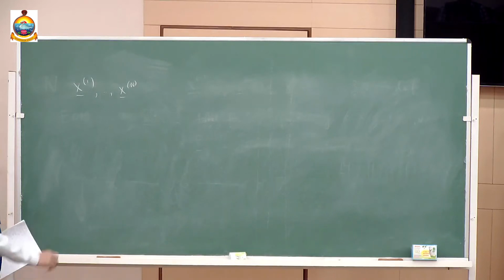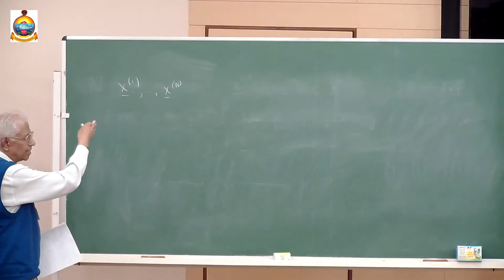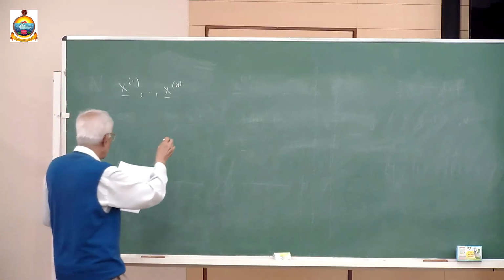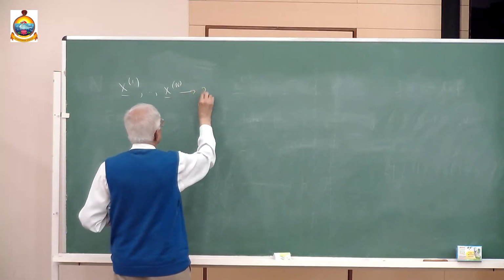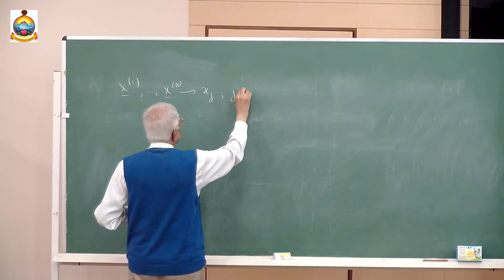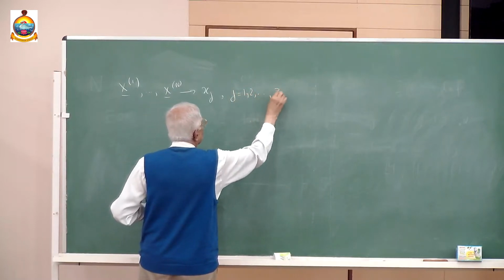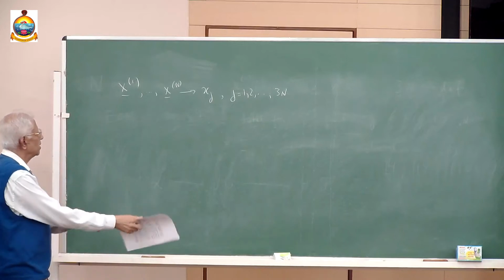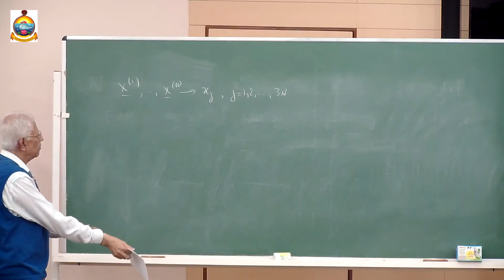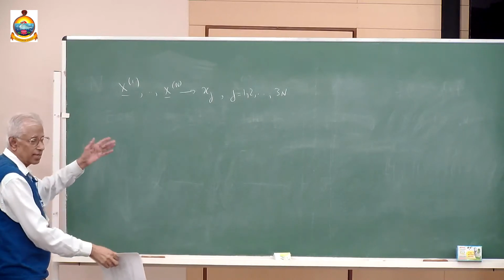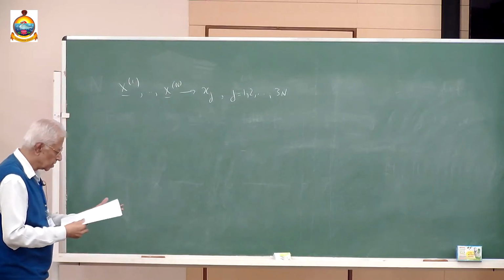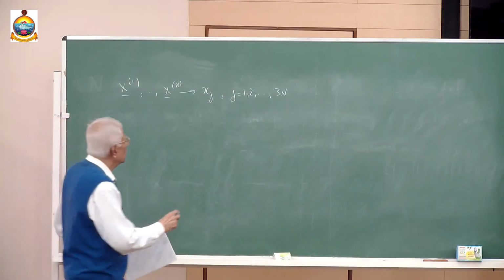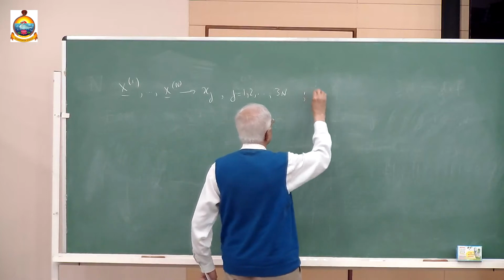So, the total number of components is 3 times capital N. So, we will just use a single index j, which will now run from 1 up to 3N, counting all the components of each of these vectors.